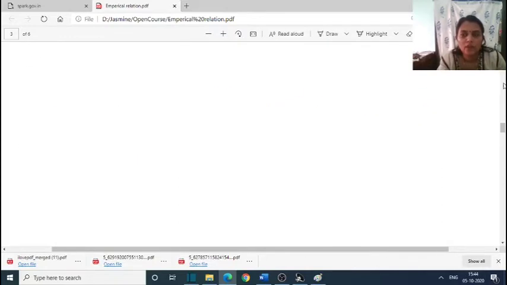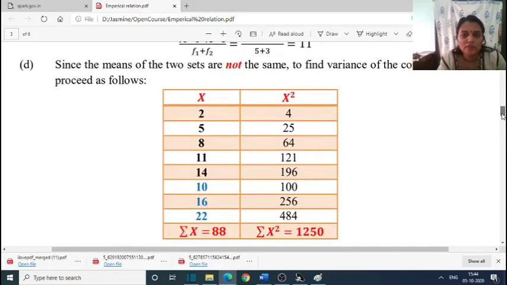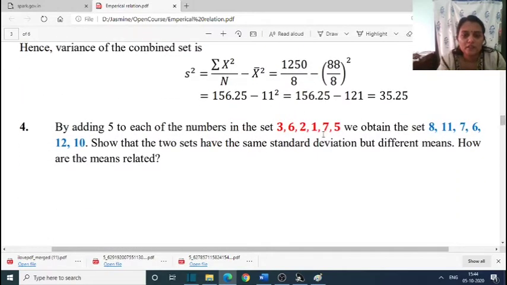So you have to find the mean of the first set 3, 6, 2, 1, 7, 5 and the mean of 8, 11, 7, 6, 12, 10, which is equal to the mean of the first set plus 5. So that's the relation. Now you have to find the standard deviation of the first set and the standard deviation of the second set and show that they are the same.